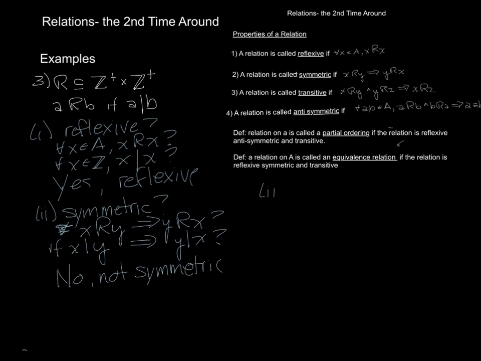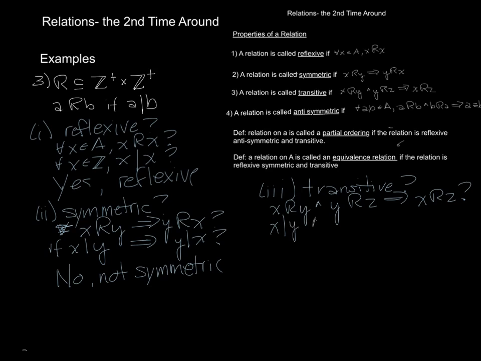Is it transitive? x is related to y and y is related to z implies x is related to z. Substituting our particular relation, x divides y and y divides z, does that imply x divides z?